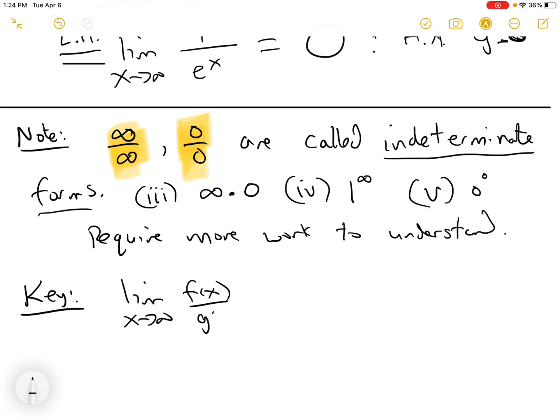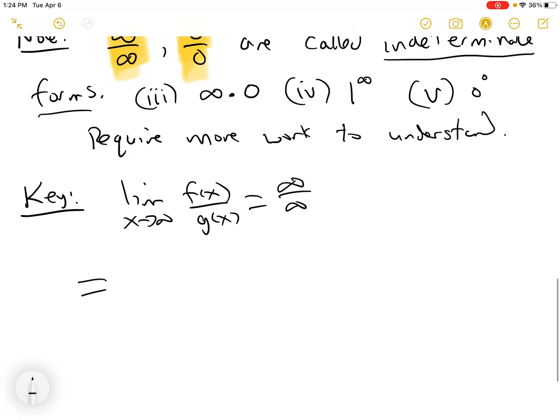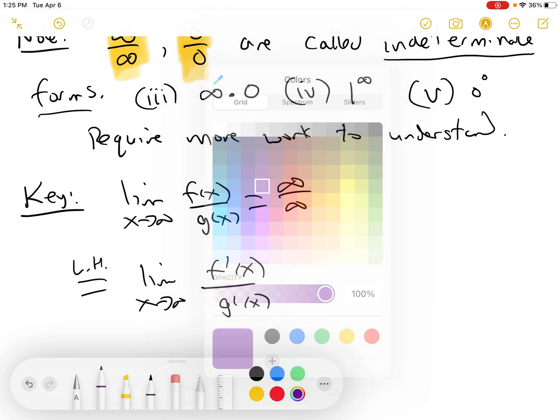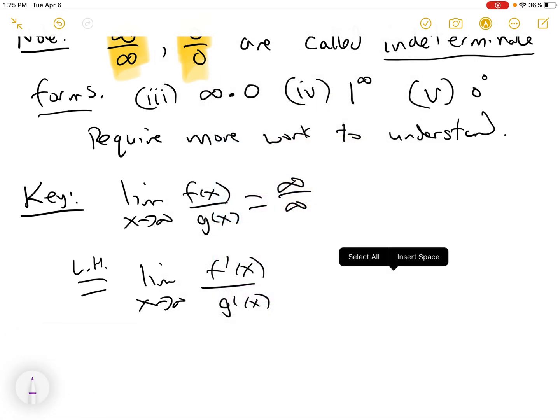So if you have this, I'm just going to use infinity over infinity. It could be 0. Okay, and then you use L'Hopital's rule. It's f prime of x over g prime of x. So you're comparing the rates, so you take the derivative on top, you take the derivative on the bottom.